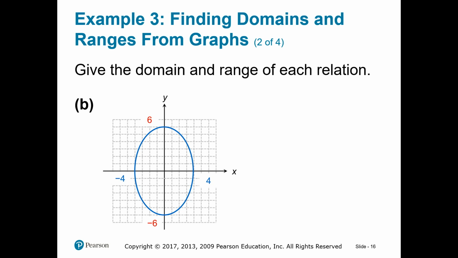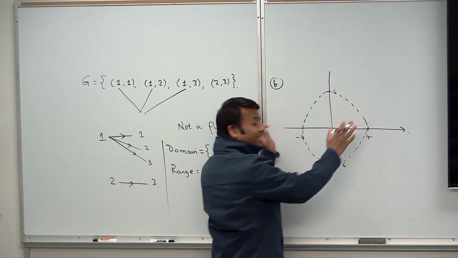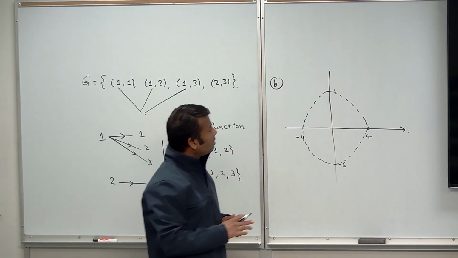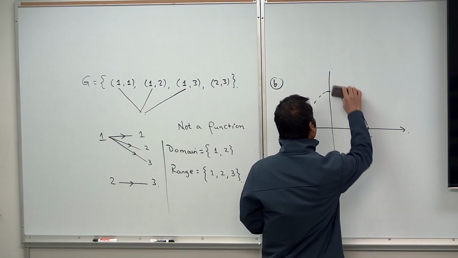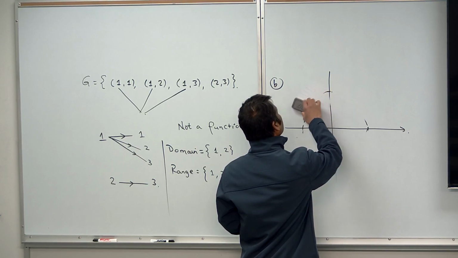This is +4. This is -4. This is +6. And this is -6. Okay? So it's something like this, okay? Are you guys with me? It's not that good, but let me try to make it better.